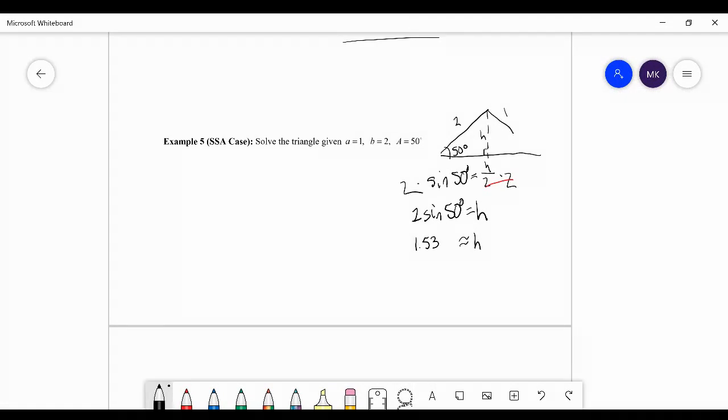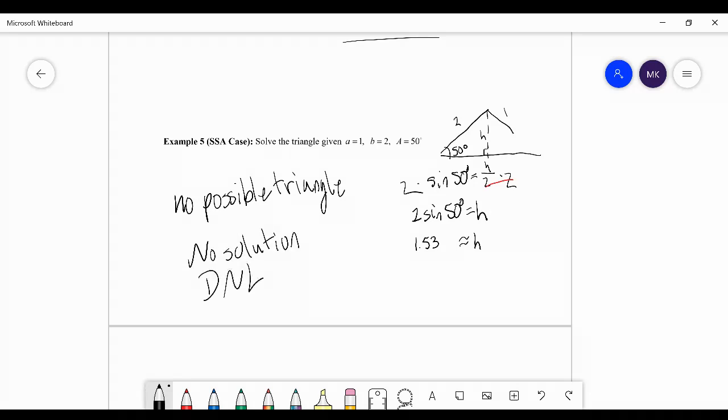So you would say that there is no possible triangle. You could simply say something like no solution. You could say something like does not exist, right? Answer this based on what the problem is telling you to give as an answer.